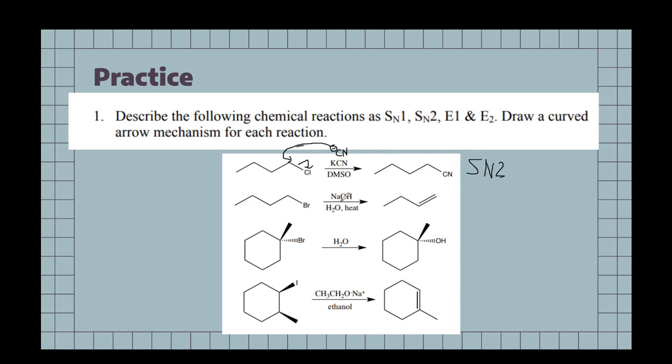Here we have NaOH, so OH minus, right? And so already we know that this is a strong base and there's heat. Although, if we go back to the graphs, give me a sec, let's go back to the graphs.